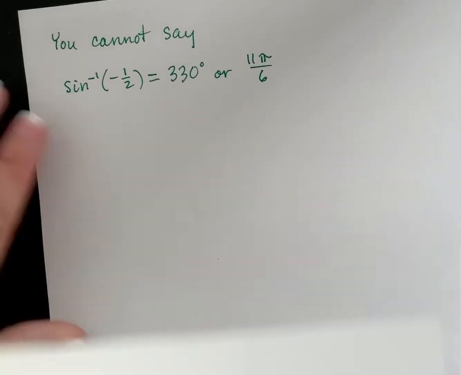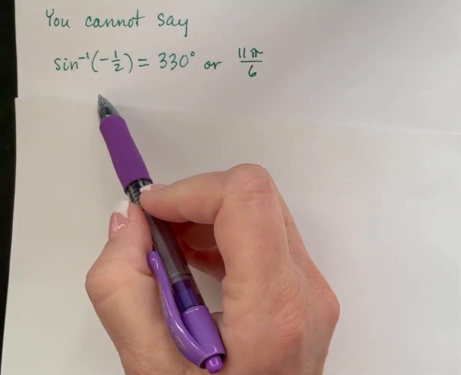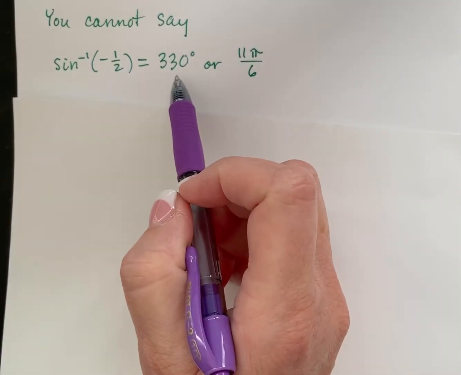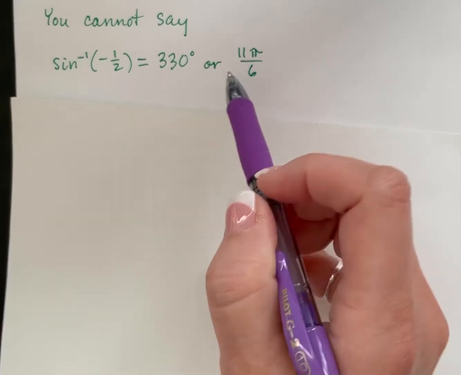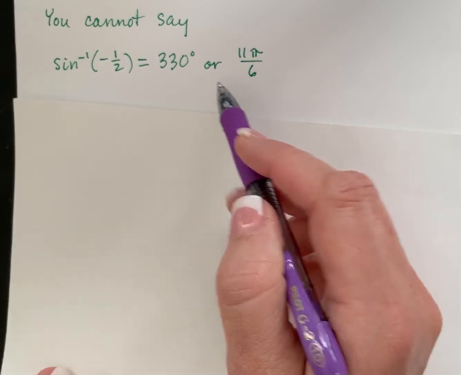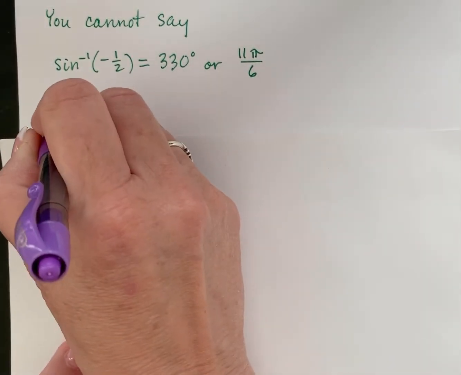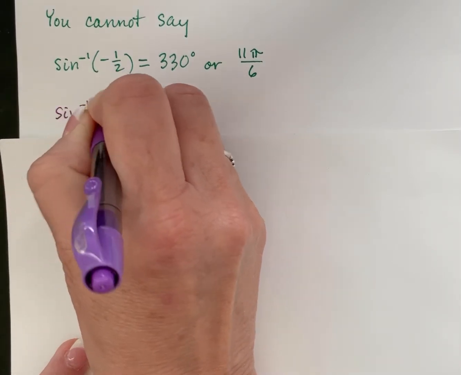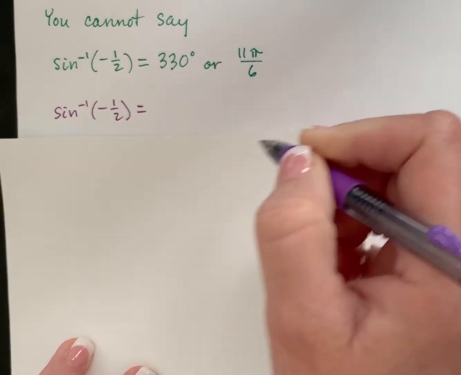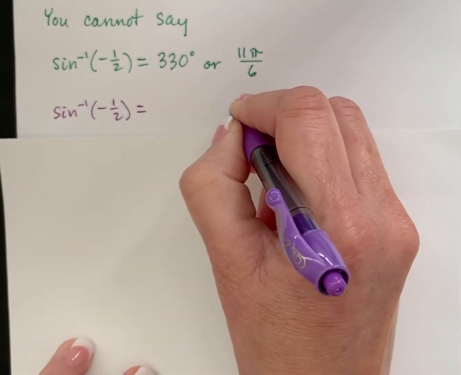For example, you cannot say that the inverse sine of negative 1/2 is equal to 330 degrees, or, sticking with radians, 11 pi over 6. All right, you can't say two different answers. Okay, we said that the inverse sine of negative 1/2 in radians is negative pi over 6.